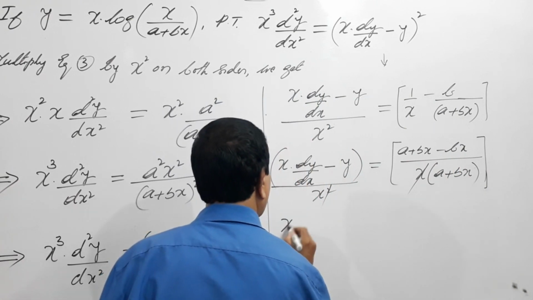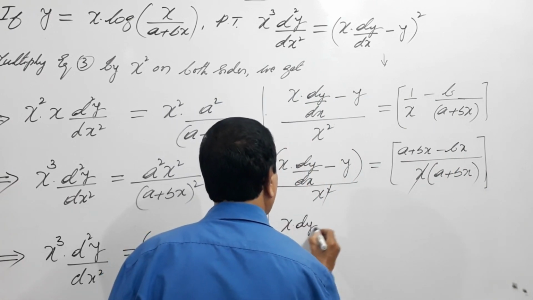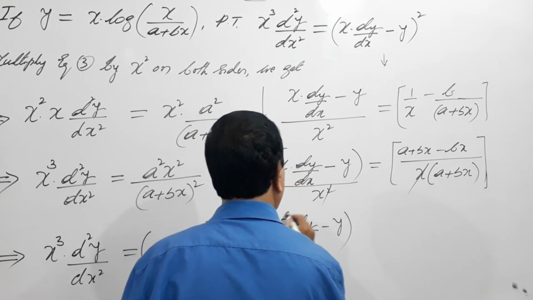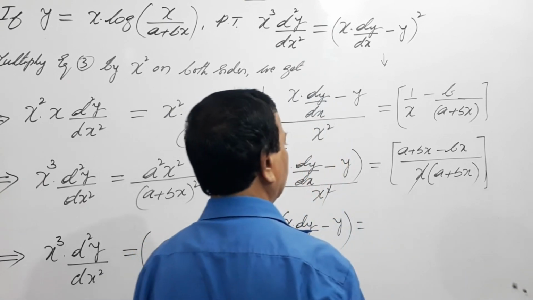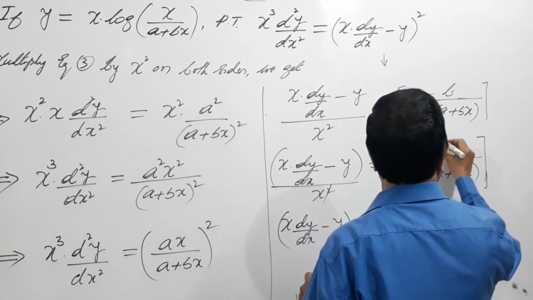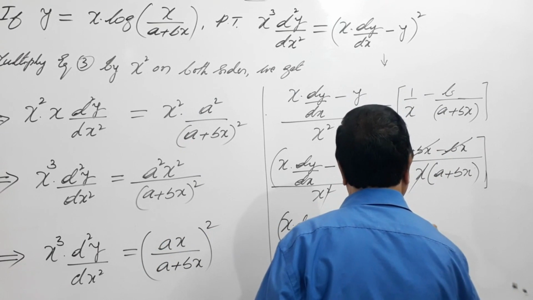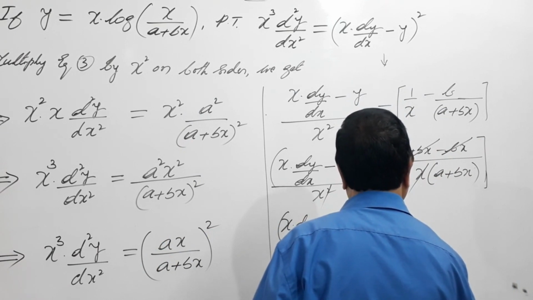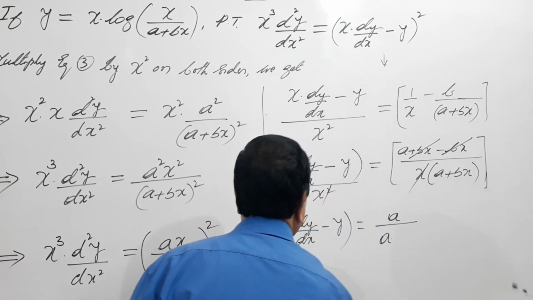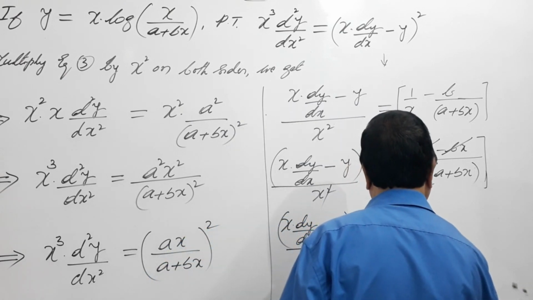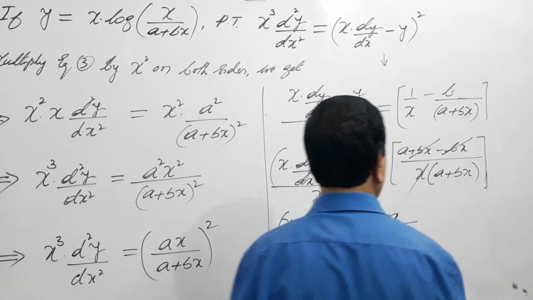So this was x into dy by dx minus y equals this plus bx minus bx, that is a, divided by here 1x, a plus bx.